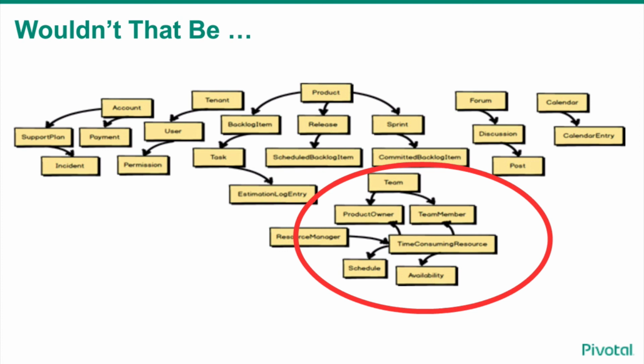Well, perhaps we need to introduce resource management into this project, and we're going to manage resources through time-consuming resource concepts, and each of those time-consuming resources will have schedules and availability, and that way we can track each of the team members, their availability, and how much time they have to spend on this project, and if they have any time that can be provided on other projects.